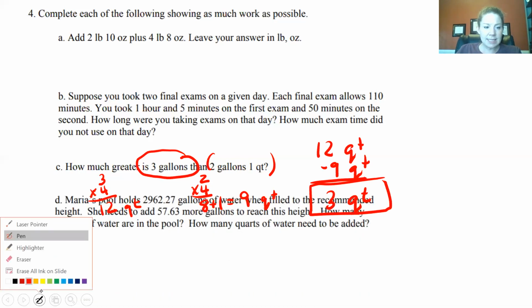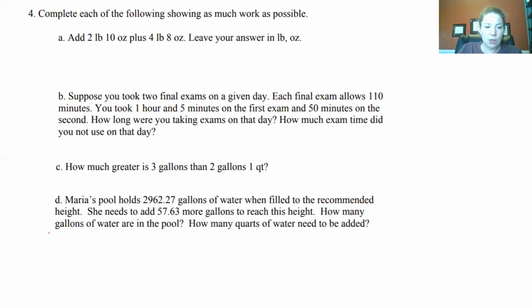All right, letter D. Maria's pool holds this much water when filled to the recommended height. She needs to add 57.63 more gallons to reach this height. How many gallons of water are already in the pool? So if this is the total and she needs this much more, then how much does she have in there right now?